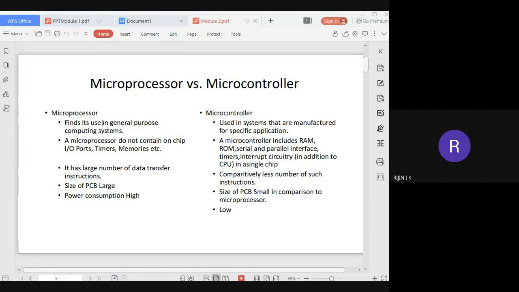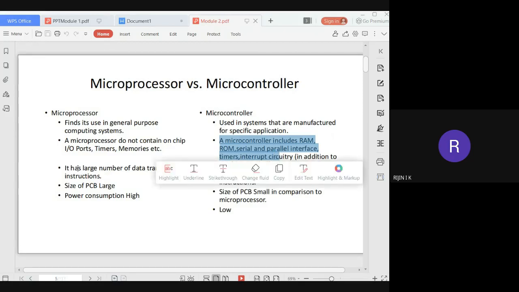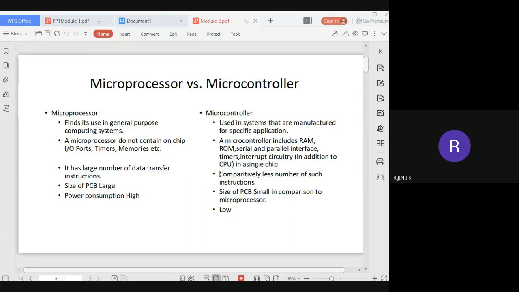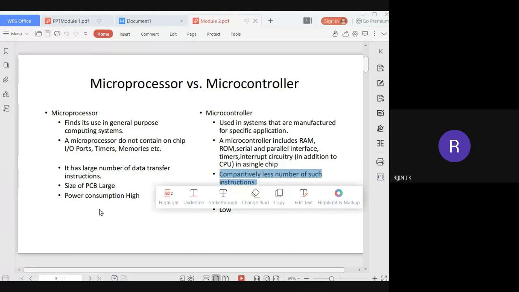It is easy to remember. A microcontroller is used for a particular, specific application; it is an application specific design. But a microprocessor we use for general purpose computing. A microprocessor does not have on-chip RAM, ROM, I/O port; nothing will be there. But a microcontroller has RAM, ROM, everything within the chip. For data transfer operations, a microprocessor has a large number of data transfer instructions, compared to a microcontroller which has fewer.